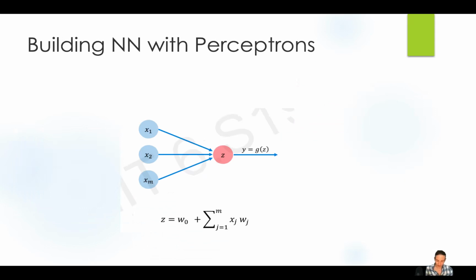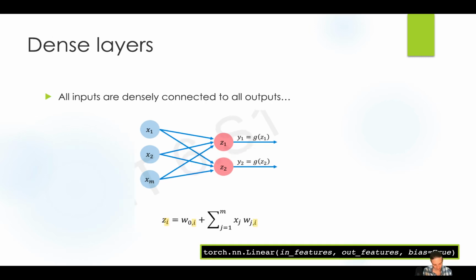So if we build a neural network with perceptrons, how does that look? We looked at this equation already. So we have the linear combination of all the inputs plus the bias. And we can combine multiple of these perceptrons together. If you combine multiple ones into what we call a layer, you can write this in PyTorch as torch.nn.Linear.